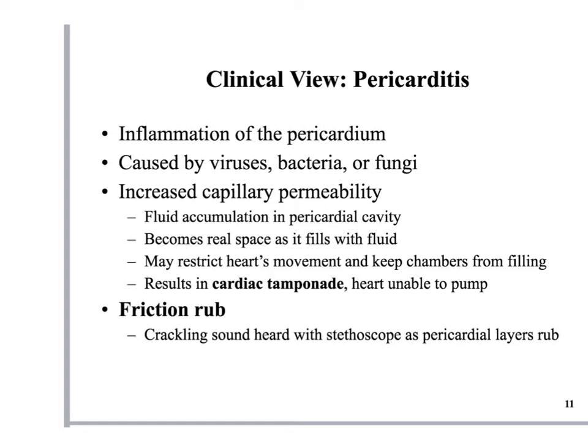Okay? And then there's also something called the friction rub that's also associated with it, right? You use a stethoscope to auscultate and listen to the heart sounds. You can actually hear when the heart contracts, if there's too much pressure, that it will rub against the sides of the pericardium, right? The pericardial layers rub against one another.